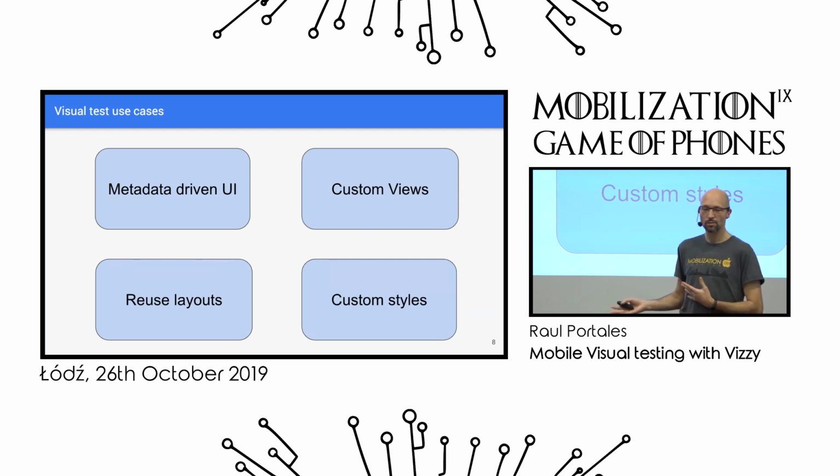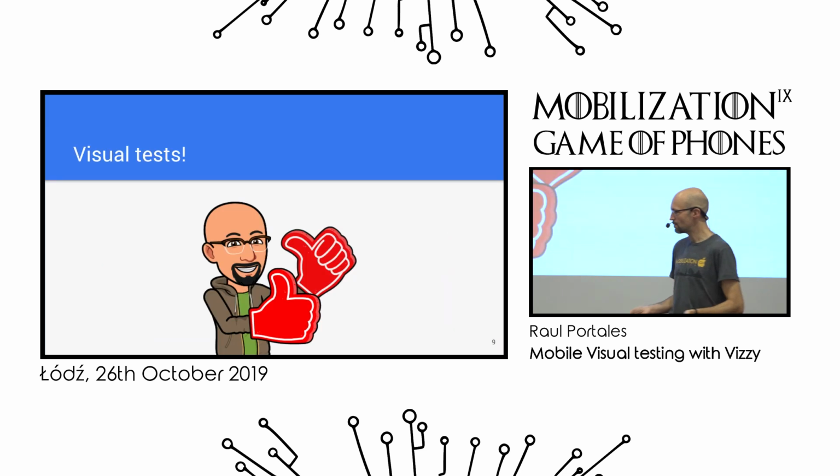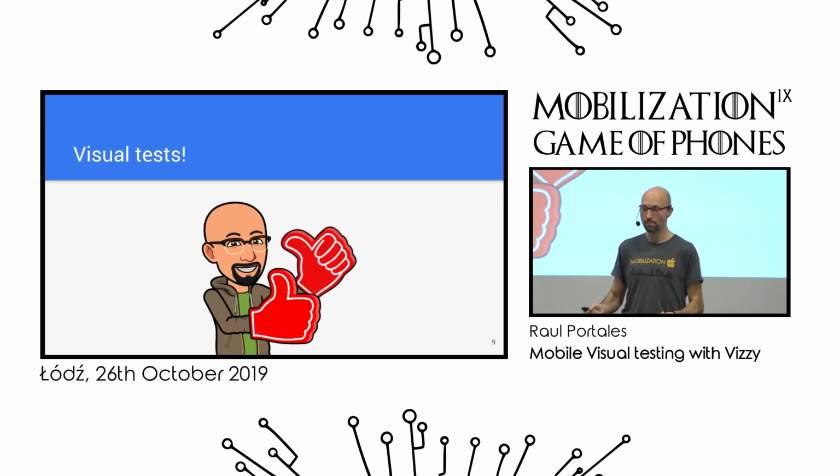Most of you will not have metadata-driven UI. Some of you may have custom views. I would say a big number of you will have a reused layout in one way or another, and almost all of you should have styles. So yeah, visual tests are great, and I think everybody at some point should use them.